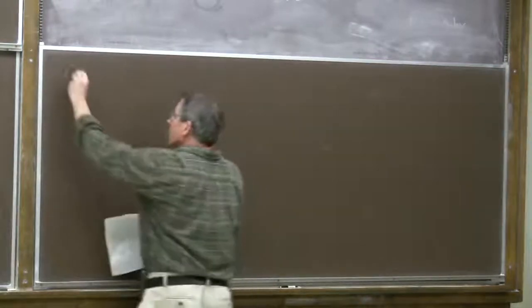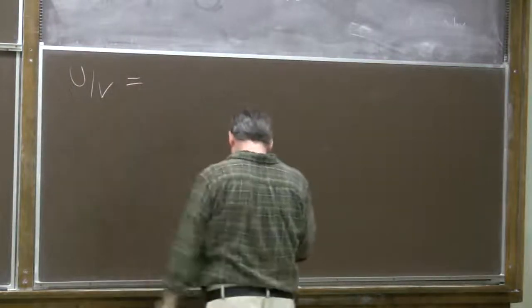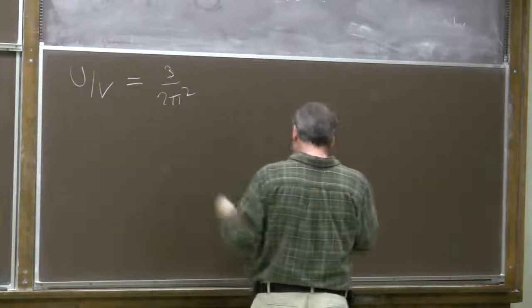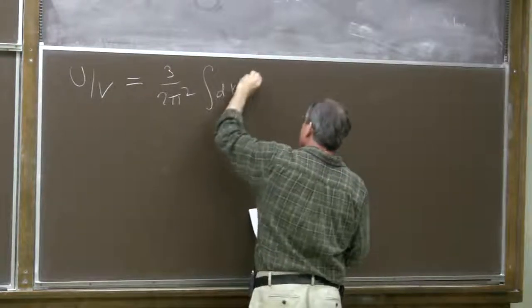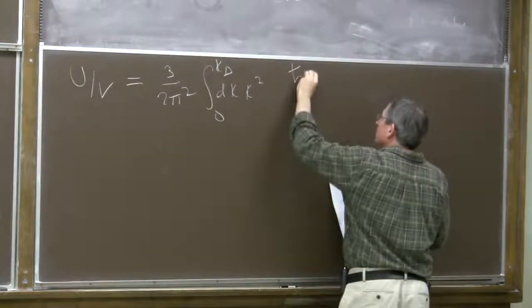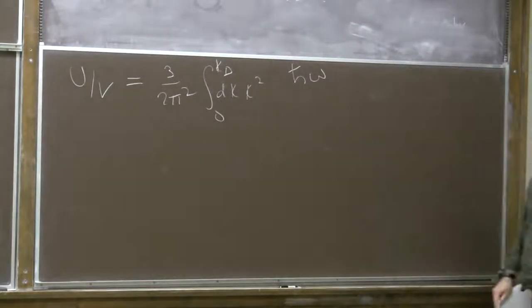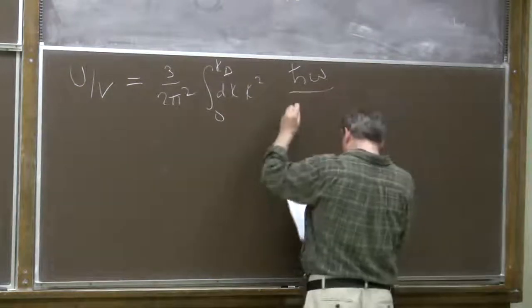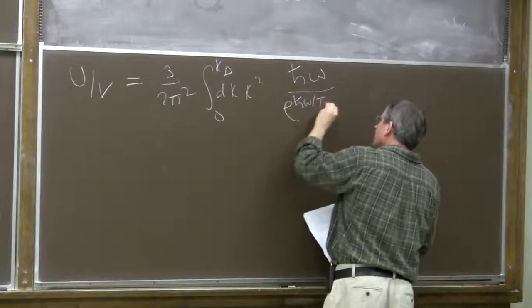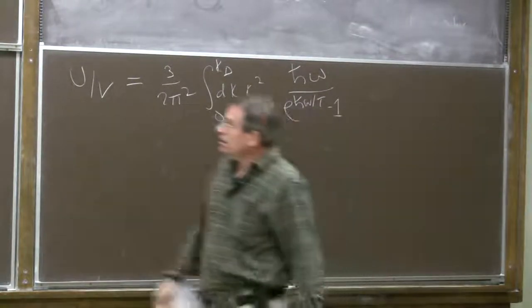We won't include larger values of k because they correspond to modes that don't exist in the solid. So for the energy per unit volume, I'll have 3 over 2 pi squared, integral dk, k squared, 0 to k Debye, and then the Planck distribution times h bar omega divided by e to the h bar omega divided by tau minus 1.